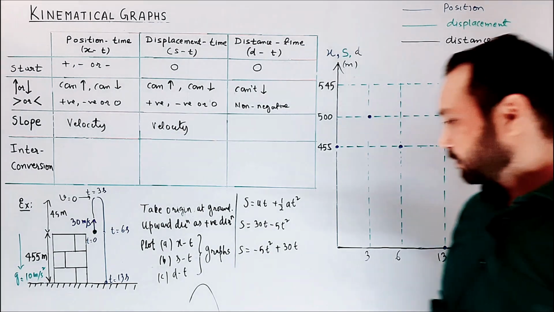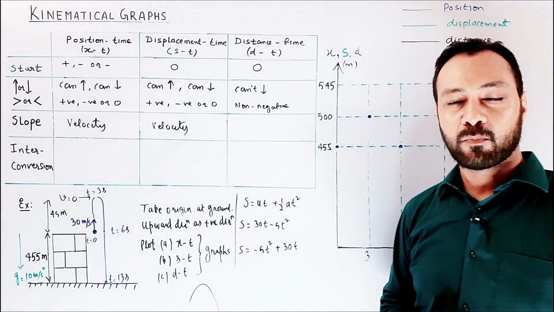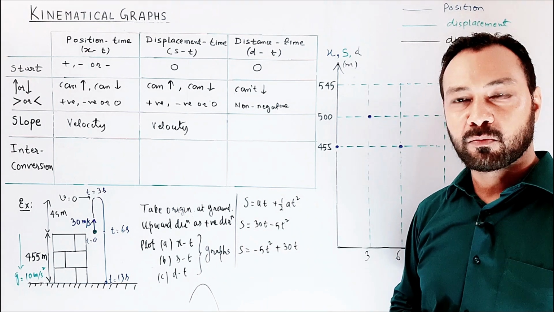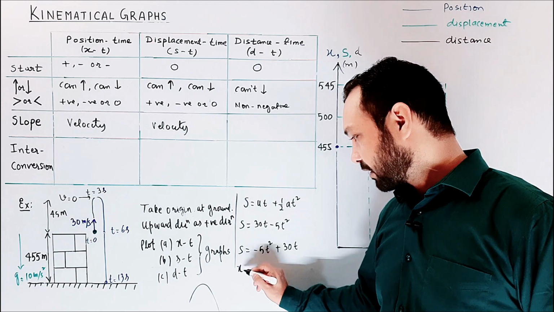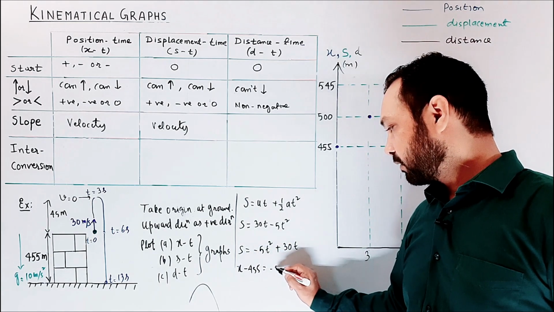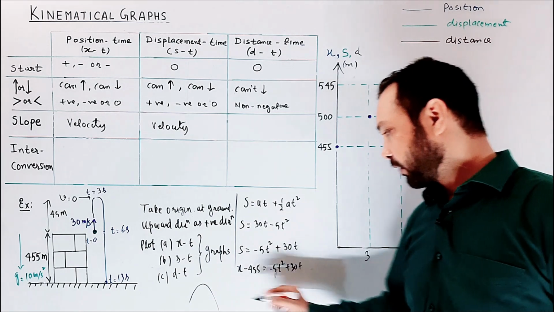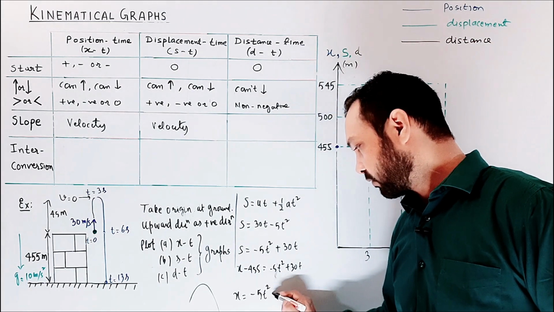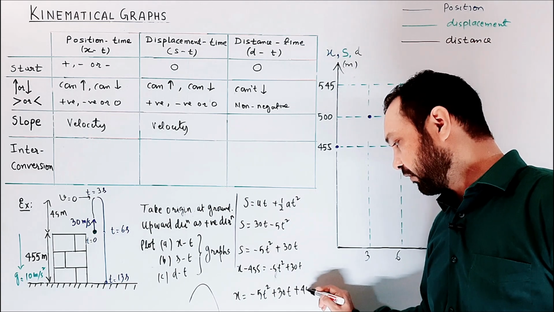And this is actually the displacement time graph, and the position is a final position, displacement is final position minus initial position. So that can be written as: final position at time t is x, initial position was 455, so x minus 455 is minus 5t square plus 30t. So if I want to write the position at time t, I will write minus 5t square plus 30t plus 455.